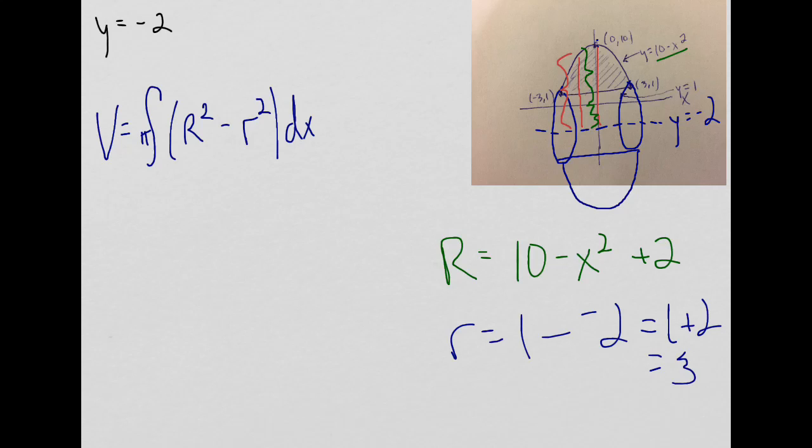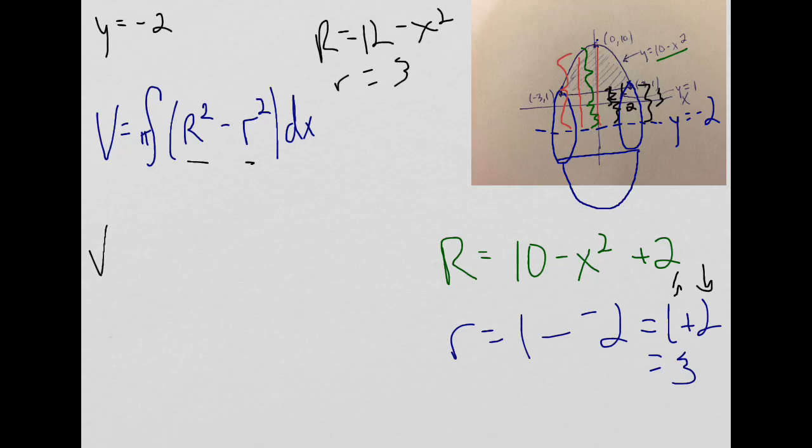The other way I could do it is look at the 2 blocks again: the little block here with a length of 1, and this block with a length of 2. So I could add the 1 and the 2 to get that full length of 3 as well, instead of doing top minus bottom. Anyway, I never simplified that big R. So big R is equal to 12 minus x squared, and little r is equal to 3.